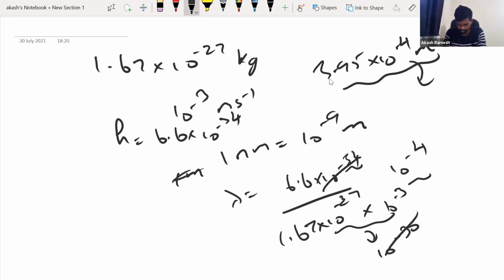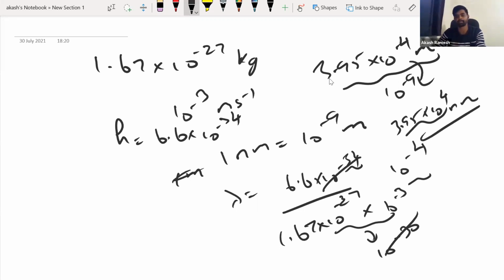The velocity is in 10 to the power minus 3 meter per second, h and kg are all in proper units, so this many meters. I should divide it, then it becomes 3.95 into 10 to the power 4. Okay, fine. I think the book answer is wrong. Maybe what you're getting is only like nanometers. So 10 to the power 5.